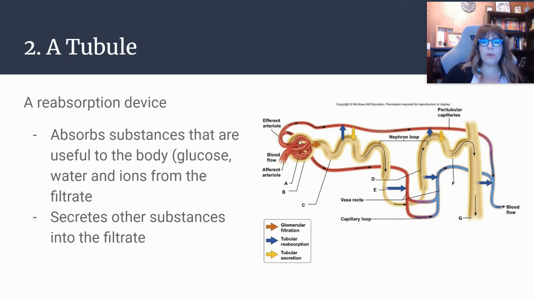All right. So we have filtered up here. We have taken in that filtrate. We are passing it through the nephron, and there are going to be useful molecules that need to be reabsorbed back into the bloodstream, such as glucose, water, sodium, chloride, potassium. Those are all things that need to go back to the blood at some point.